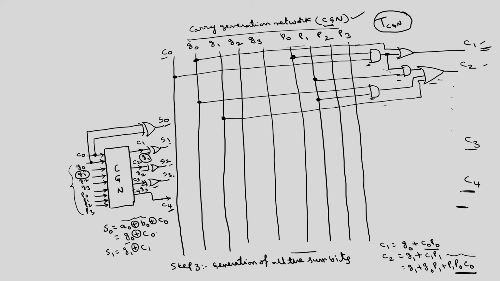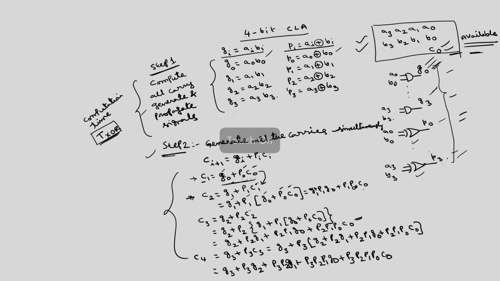So, what is the time taken to generate all the sum bits? Only exclusive OR operation. So, this is another T XOR. So, the first step also will take T XOR time to generate all G's and P's.